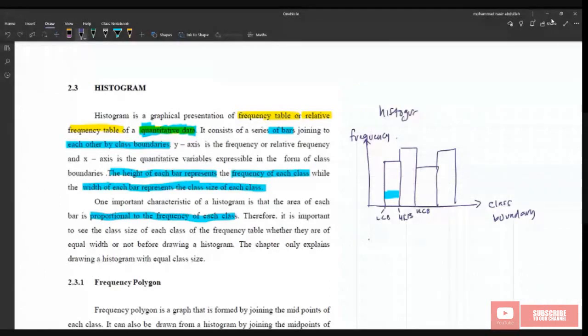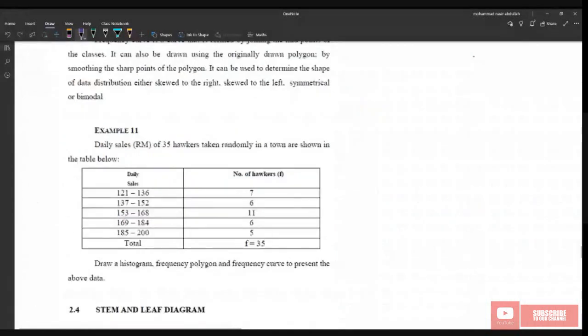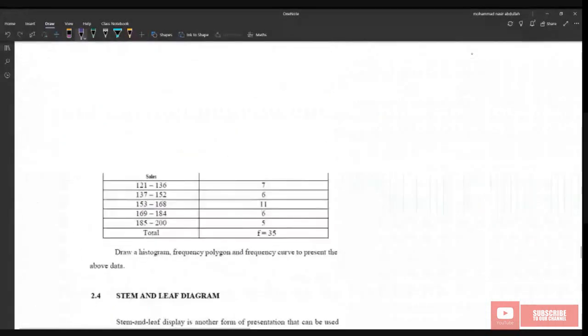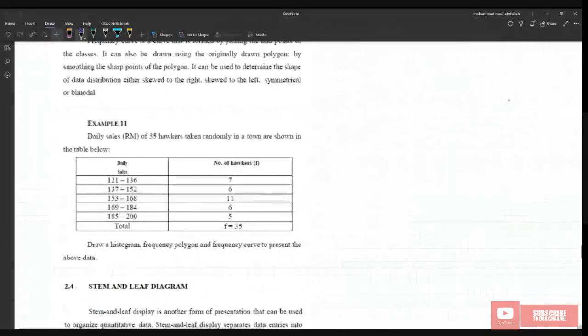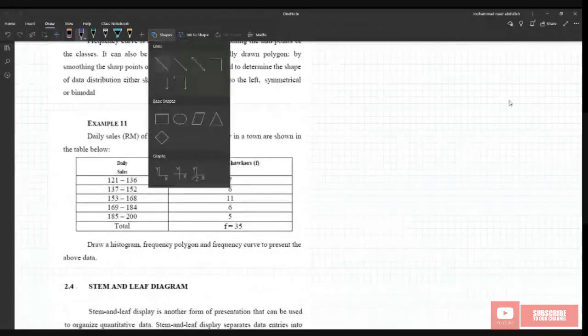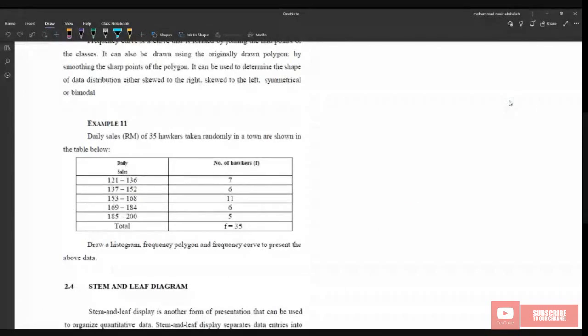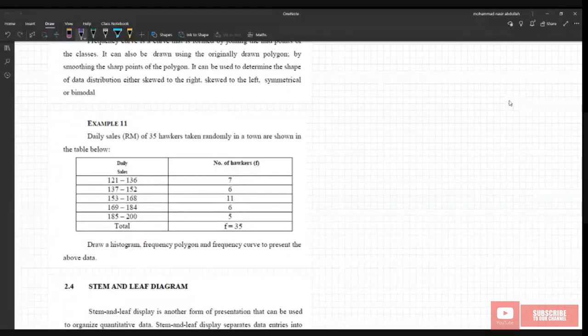Right, let's look at example 11, right? We try to draw histogram based on example 11, right? So first we have a frequency table: daily sales of 35 hawkers taken randomly in town are shown in the table below. We have daily sales and number of hawkers, right? So 121 to 136. So the requirement for histogram is we need to have a class boundary, right?